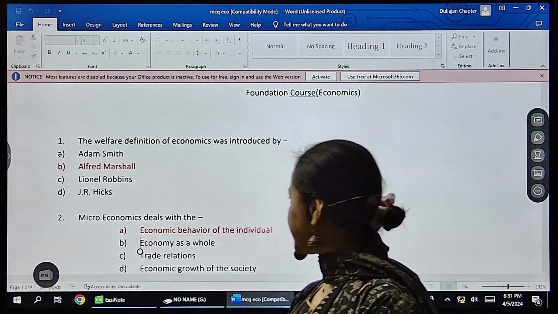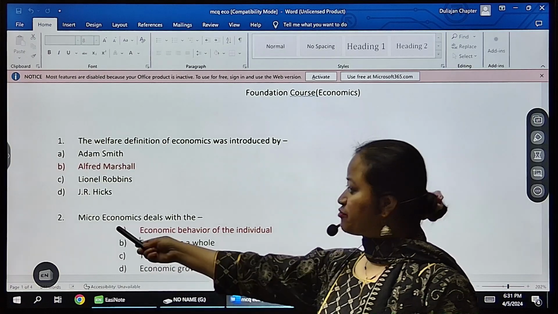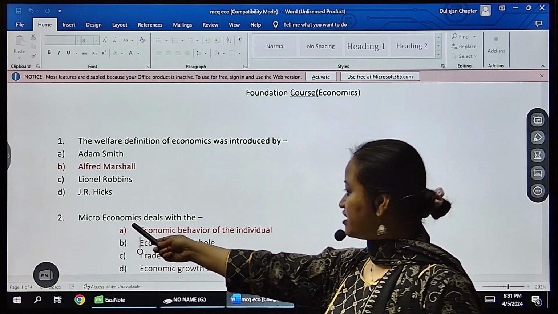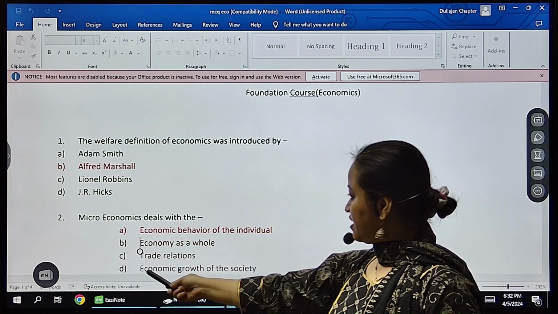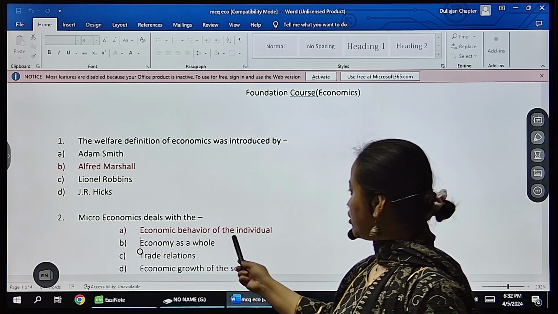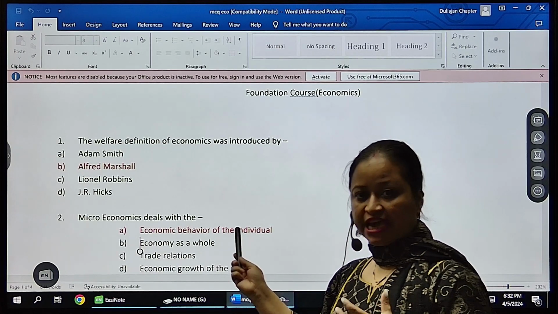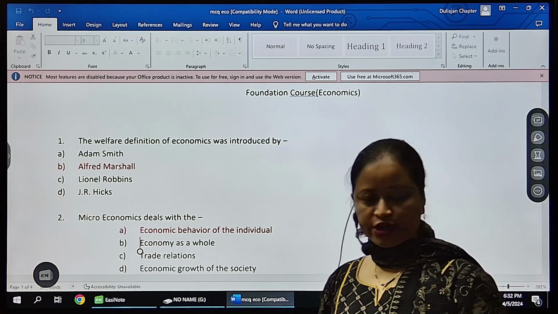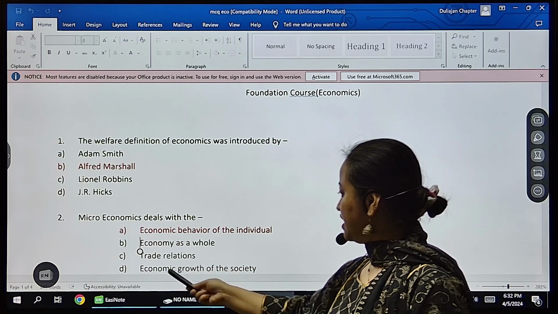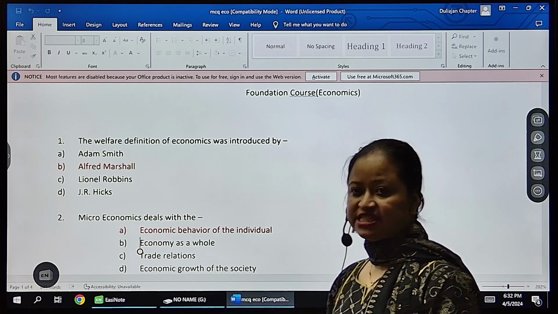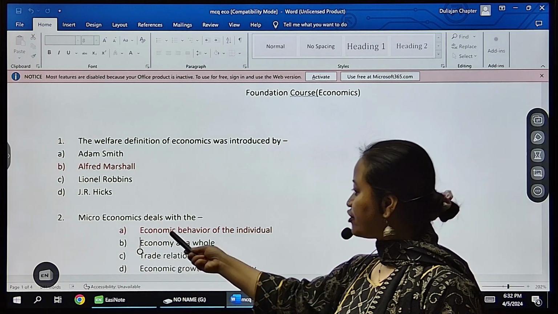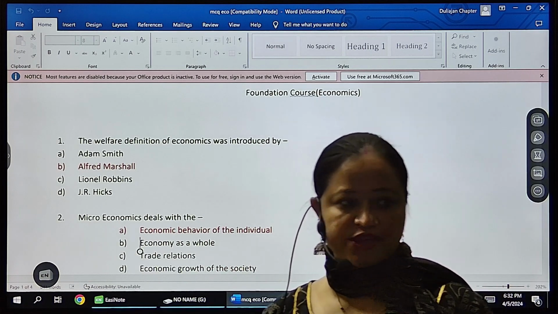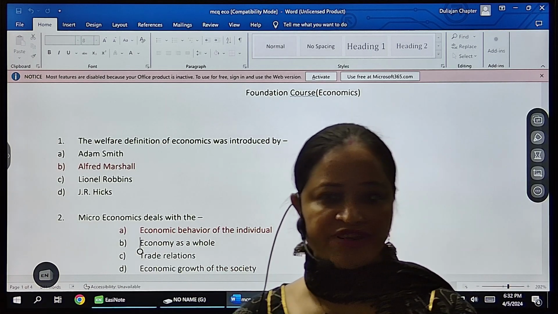As I've discussed with you about microeconomics, it is individual level. Options given: economic behavior of the individual, that means we are talking about a person; economy as a whole, which is an example of macroeconomics; trade relation; economic growth of the society, these are examples of macro. So the right option is economic behavior of the individual. Individual means we are talking about one person, so that is the example of microeconomics.